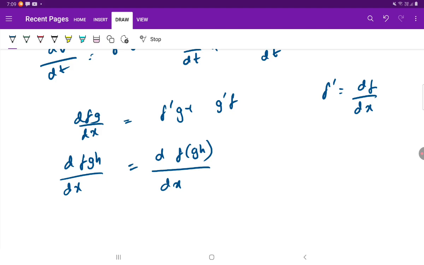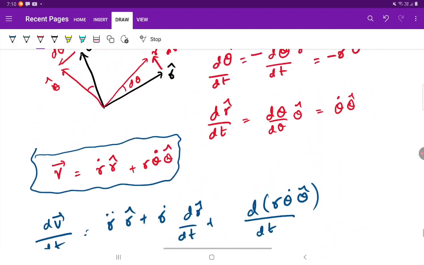Then applying the uv rule, first between these two, then second between f and g, we arrive at the result f dash gh plus f g dash h plus f g h dash. So this will be the final result after finding the derivative of f into g into h.